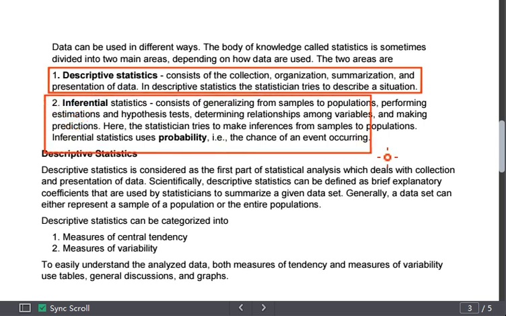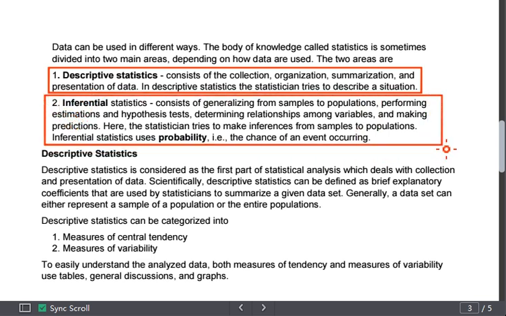So next, we have the inferential statistics. So it consists of generalizing from samples to populations, performing estimations and hypothesis tests, determining relationships among variables, and making predictions. Here, the statistician tries to make inferences from samples to populations. Inferential statistics uses probability.